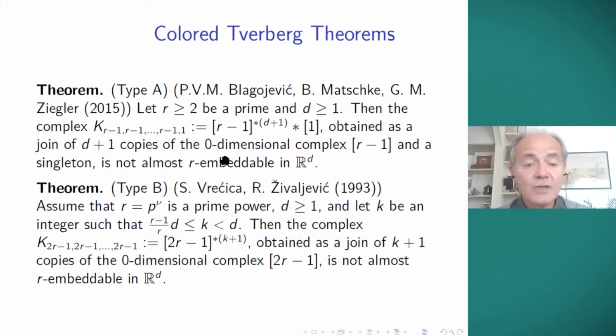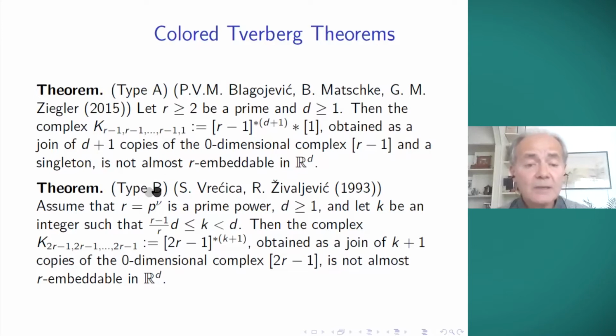So it is the join of D+1 copies of the zero-dimensional complex of R-1 points and a singleton. Then it is not almost R embeddable in R^D. So I call it here type A. Pavle, Benjamin, and Günter often call it the optimal colored Tverberg theorem.